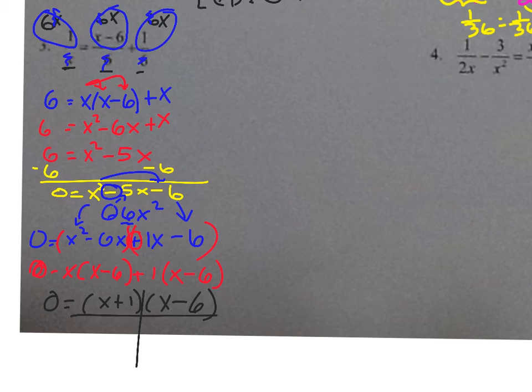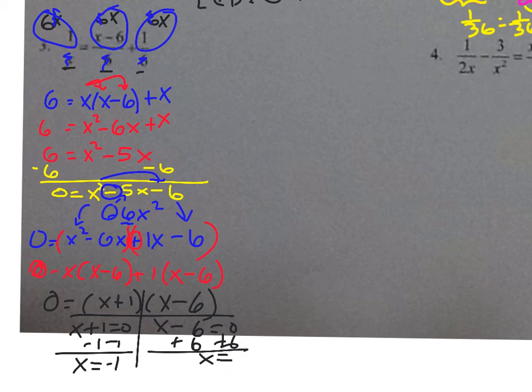T-chart. Set each factor equal to 0. Minus 1, x equals negative 1. Add 6, x equals 6. And then you do check these. And I will tell you that both of these do work. Okay? This way it just saves a little bit of time.